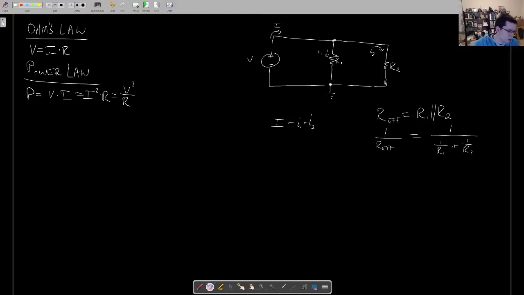The reciprocal of the effective resistance is equal to the sum of the reciprocals of the individual branches. So what we have is the effective resistance is equal to that.